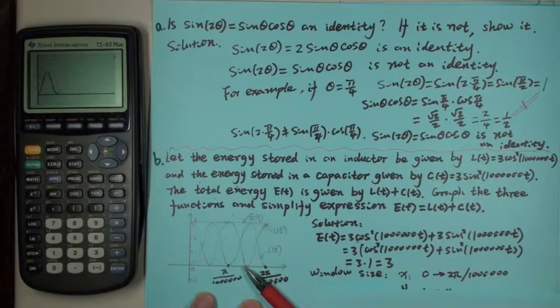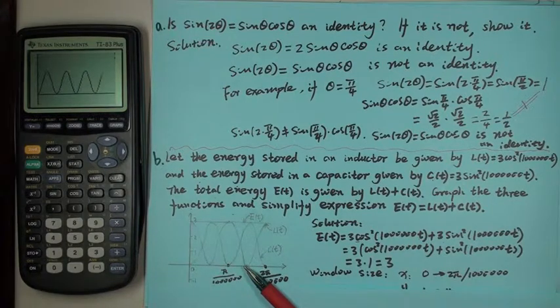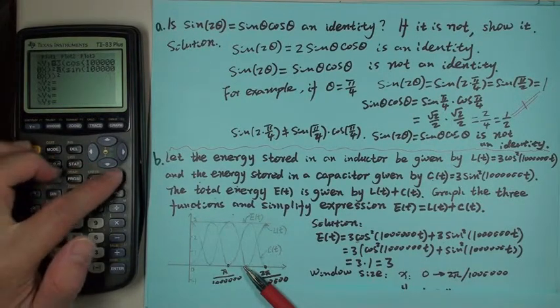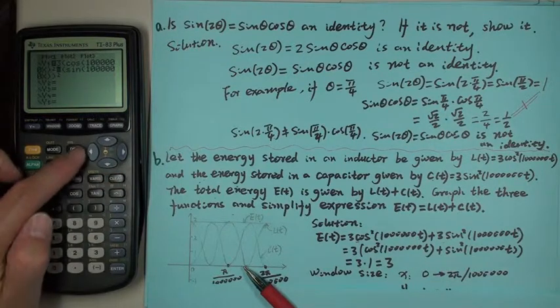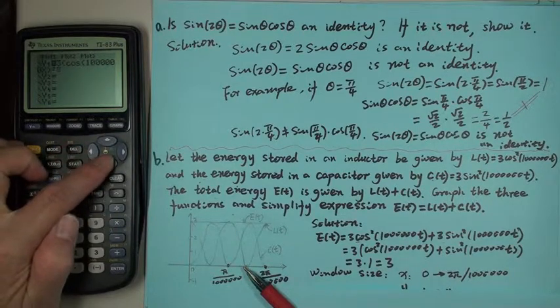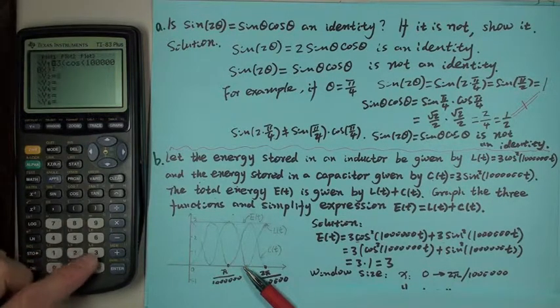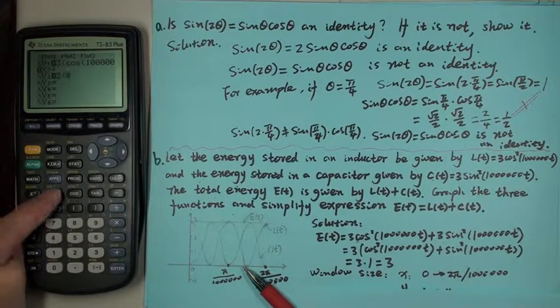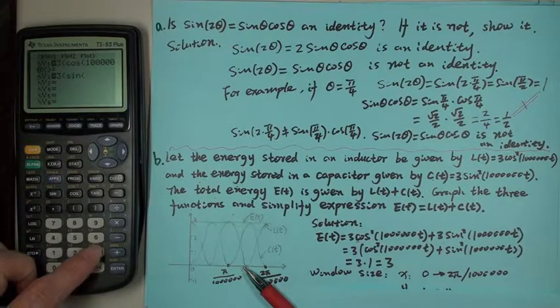Is that a mistake right here? Look, I probably need to do this: that was the first equation. What I want to do is the second one, cosine and then sine.